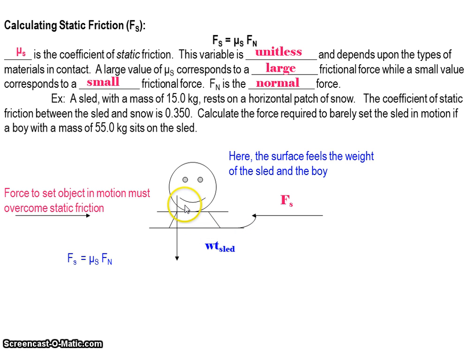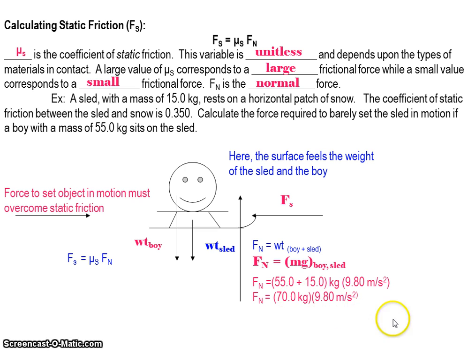So what's the amount of static friction that this has to overcome? Well, we have the weight of the sled. We also have the weight of the boy. And then the normal force is those two added together. So we first solve for the normal force. And now we can plug it in, and we know the coefficient of static friction, which is given up above here. And plug it in with the normal force to find the amount of friction that needs to be overcome.